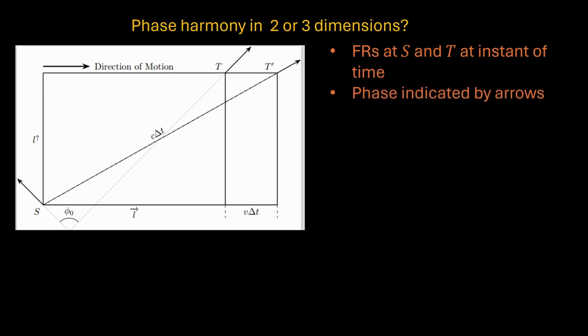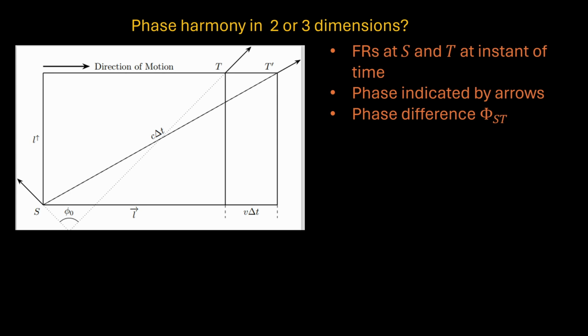Again, considering a general case, the 2 FRs can have different phases, and the phases at t equals 0 are indicated by the direction of the arrows. The difference between the 2 phases at t equals 0 is phi st.